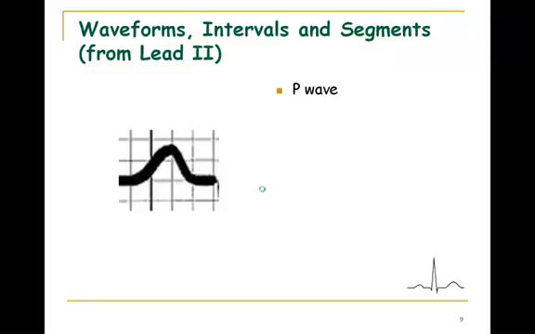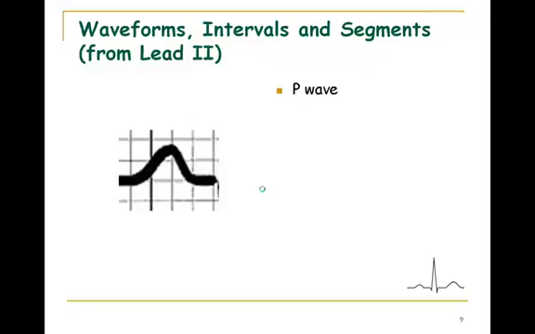So the first thing we're going to do is look at the chart in your notes, which goes over the various waveforms and intervals, and what we see on a standard Lead 2 EKG. Most of what I'm going to say is in your notes, but if it's not in your notes, you need to add it.